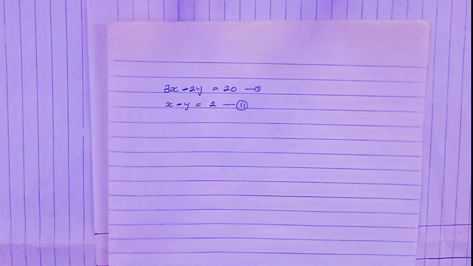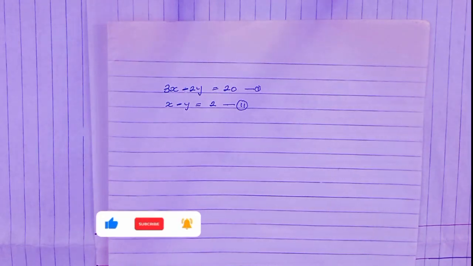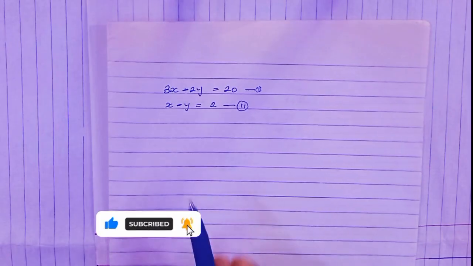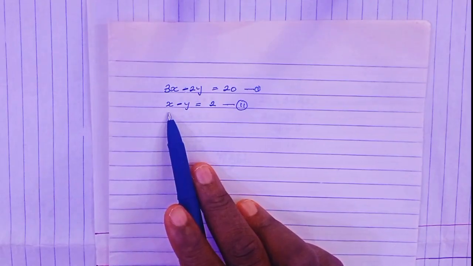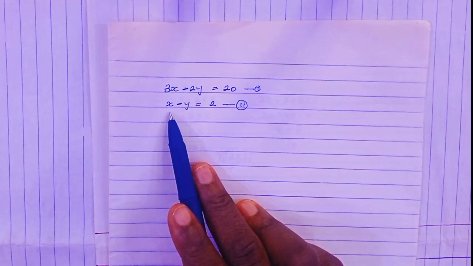And since we did not eliminate anyone, what are we going to do? Now watch out. If we are trying to eliminate x, what we are going to do is multiply equation 1 with the coefficient of x in equation 2, and also multiply equation 2 with the coefficient of x in equation 1.